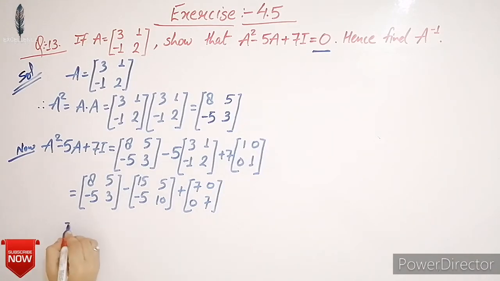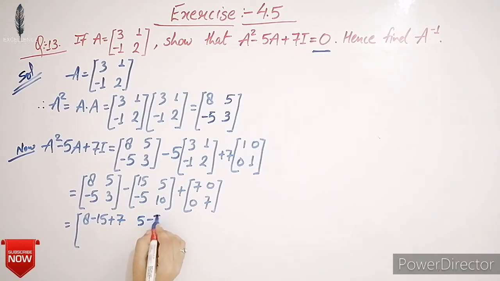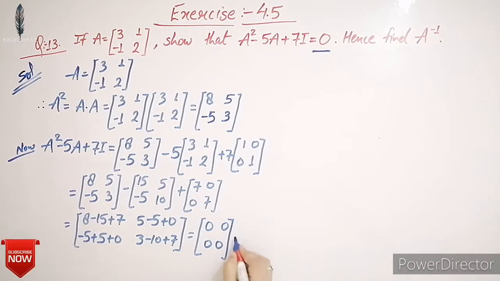Now on solving corresponding elements, we have 8 − 15 + 7, 5 − 5 + 0. In the second row, we have −5 + 0, and 3 − 10 + 7, that equals [0, 0; 0, 0], the null matrix, equals 0.